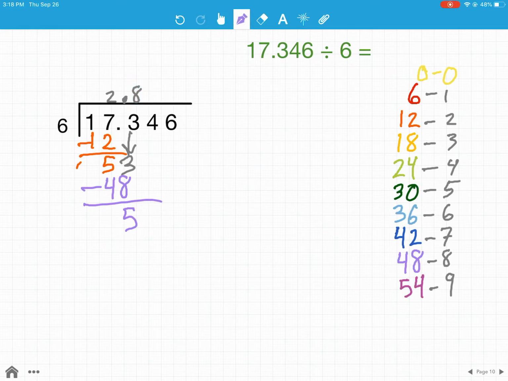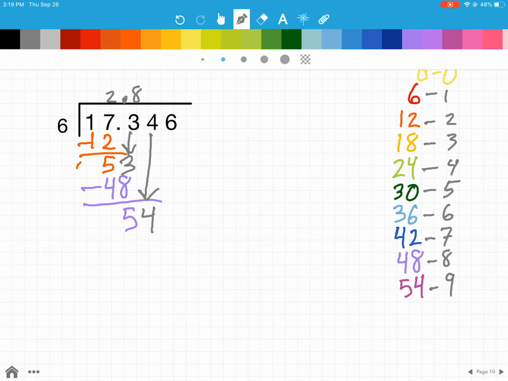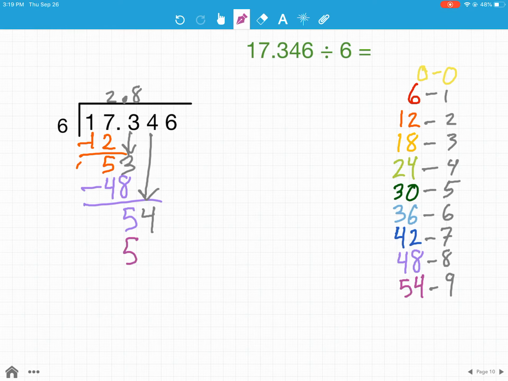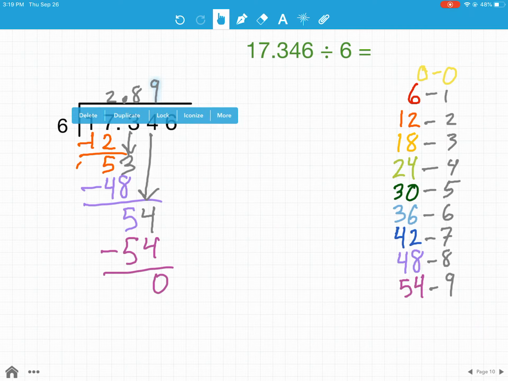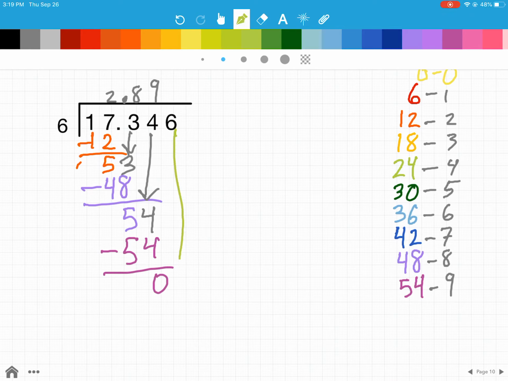Alright, now we're bringing down our 4 and we're making 54, and we know that there's a 54 right there, so we're going to use 54. Where's that 54, Mr. Valdemar? It's right here. Okay, and it's a 9, so we're going to take that 9, put that in our quotient. Alright, now we're going to bring down our 6.